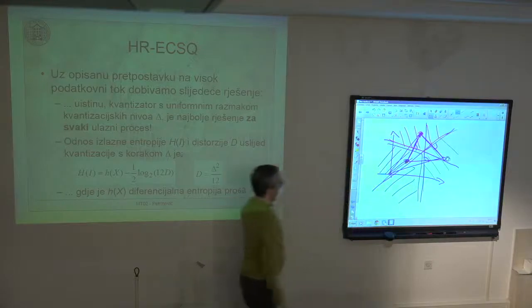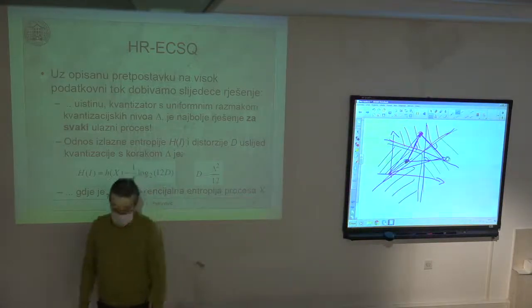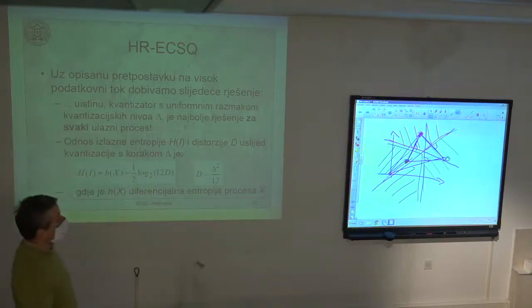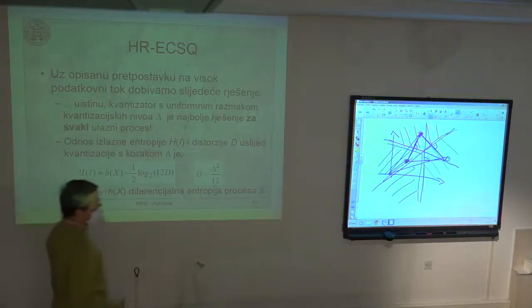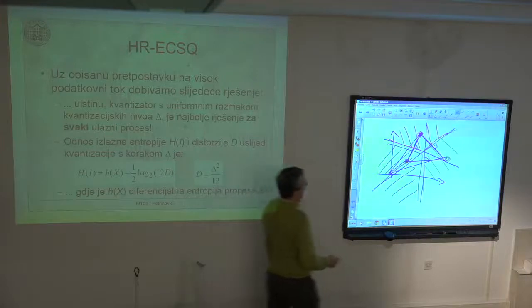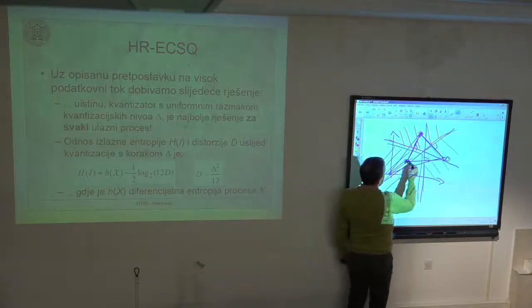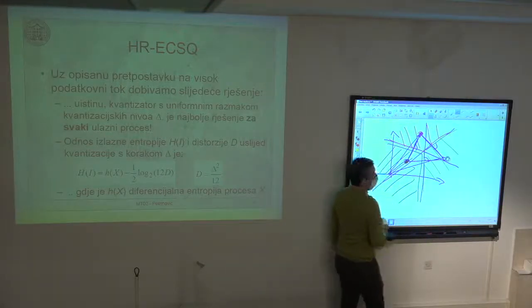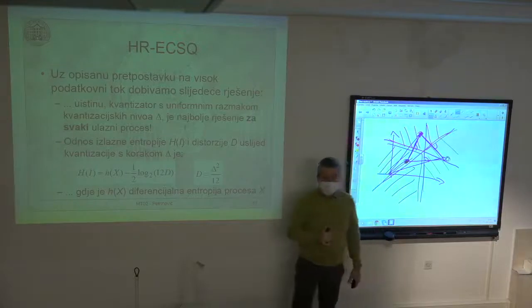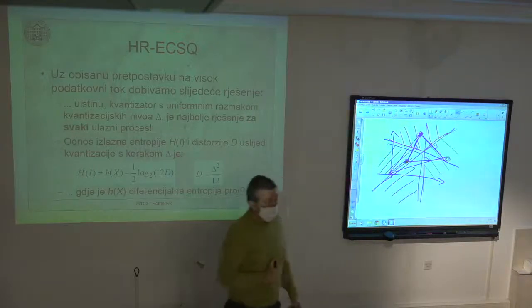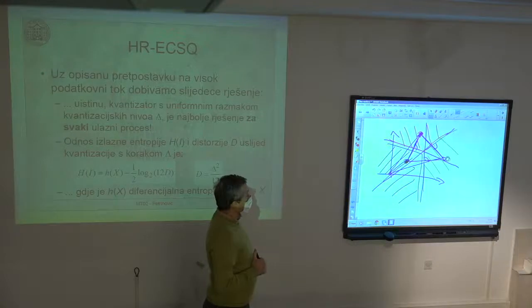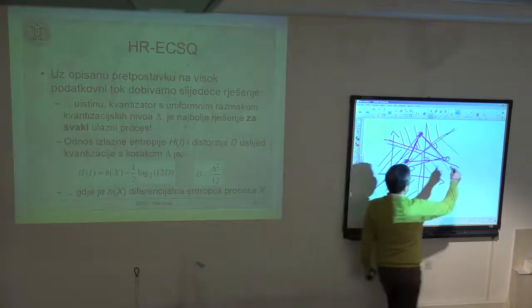So I have divided this R2 plane, real numbers in 2 dimensions, into 3 regions based on the minimum distance to the nearest representative. Okay? And this kind of tessellation is called Voronoi tessellation.